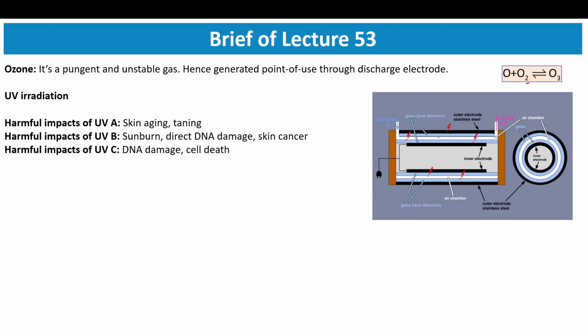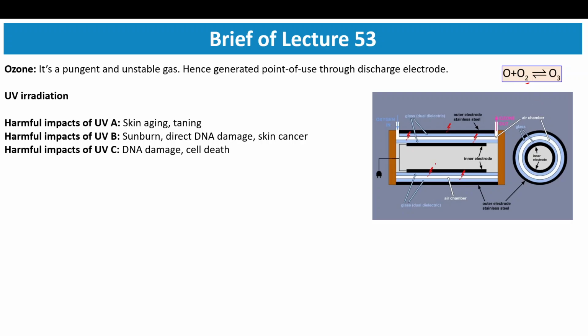So this is the discharge electrode. These are the electrodes, and when you pass oxygen through here, it allows a few of the oxygen molecules to dissociate. Since it is dissociated, the nascent oxygen combines readily with the oxygen molecule to form ozone.